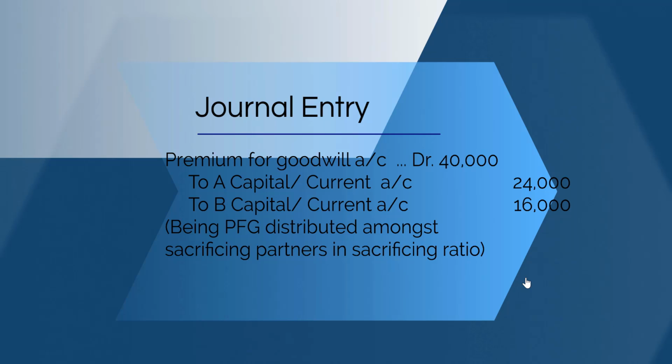In case of fluctuating capital method, we will credit to A and B's capital account, whereas in the case of fixed capital method, we will credit to A and B's current account. Narration: being premium for goodwill distributed amongst the sacrificing partners in the sacrificing ratio.